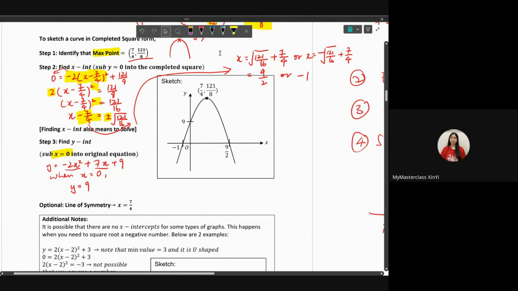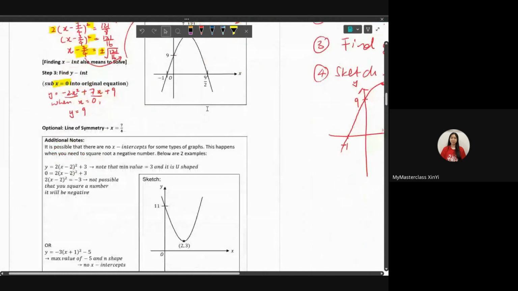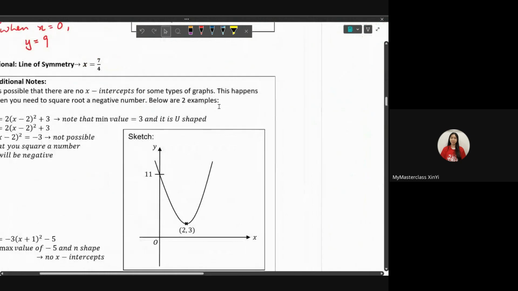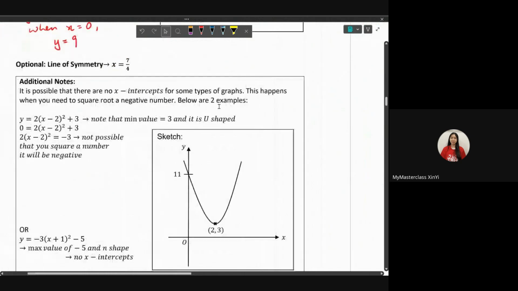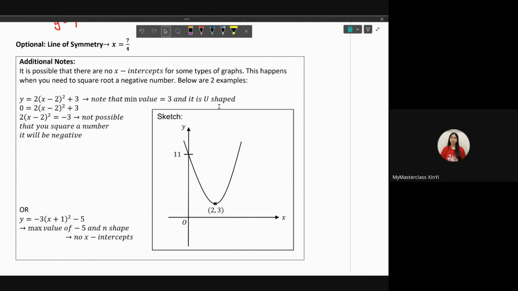Okay, that is for sketching of your curve when you have the completing the square form. Whenever we talk about sketching, we always find the x-intercept, y-intercept, and minimum or maximum point. When we have a U-shape or N-shape, there's also a possibility where it doesn't cut the x-axis. That is when you have no solution.